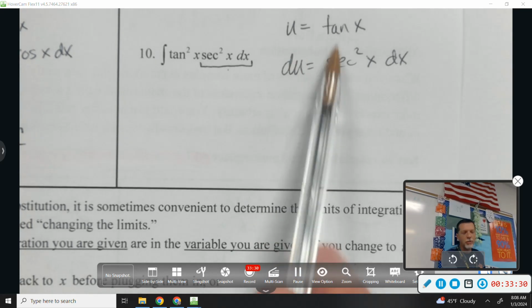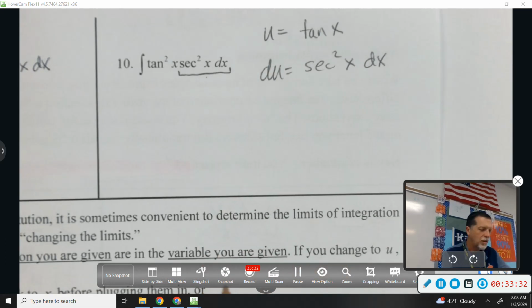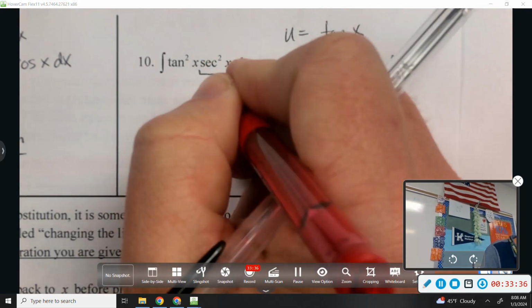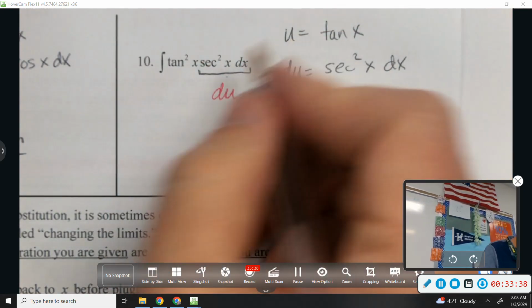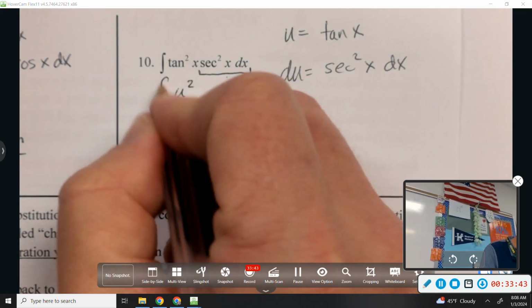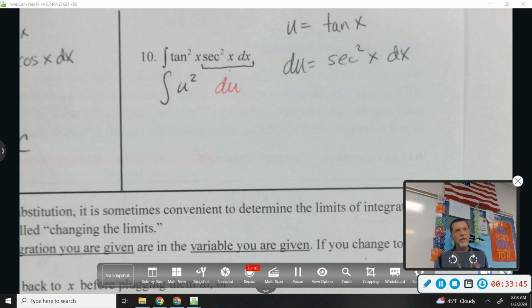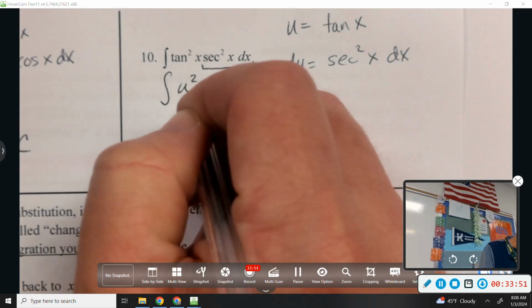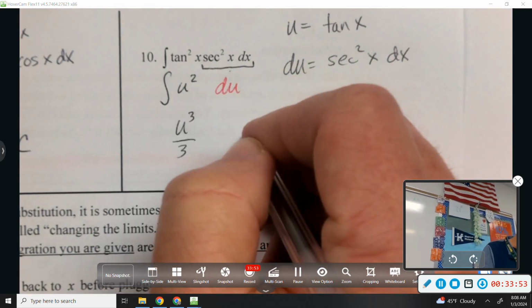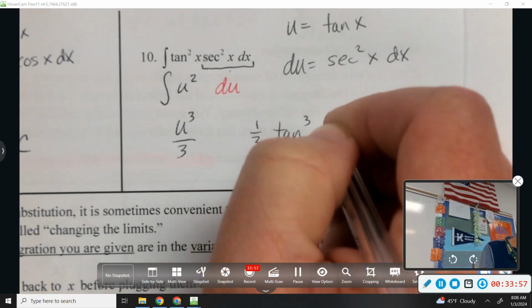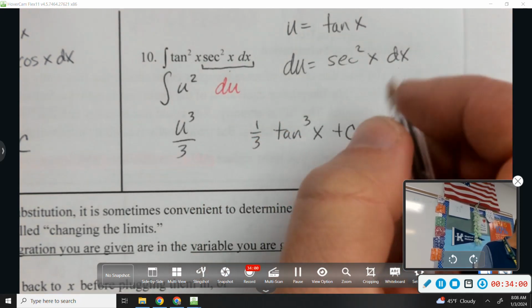You've got to know your derivatives well so that you can recognize what's going on. So secant squared x dx, that's du. Tangent was u, so this is u squared du. Wow, that just got a whole lot easier, a whole lot quicker with the right pick for u. So 1/3 tangent cubed x plus c.